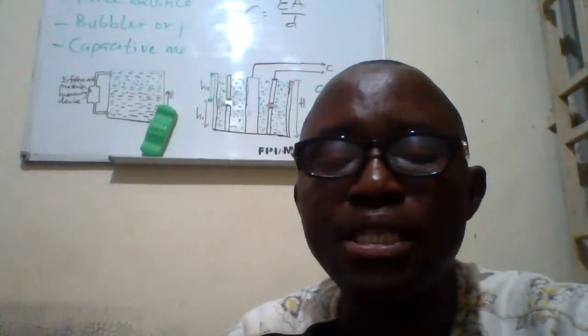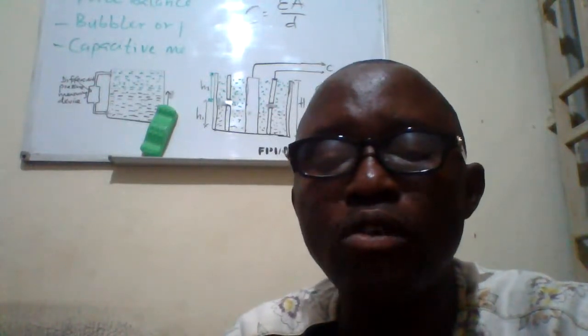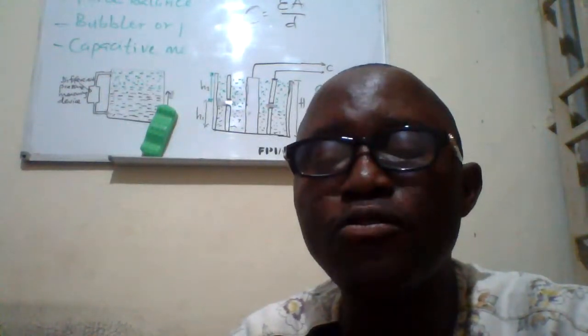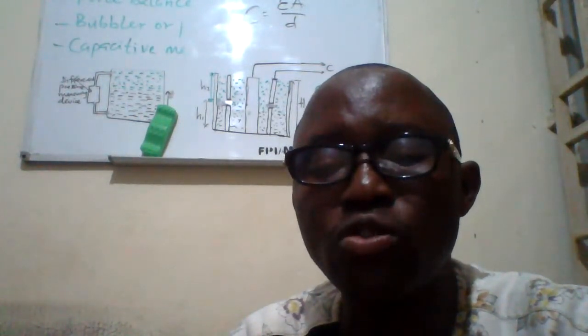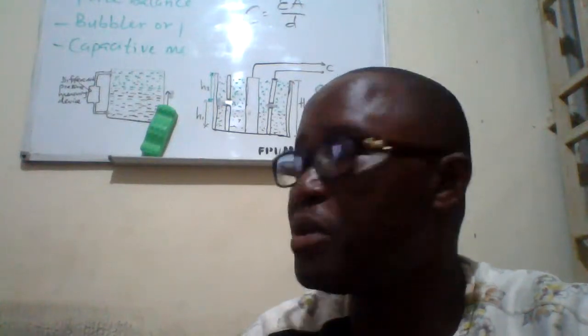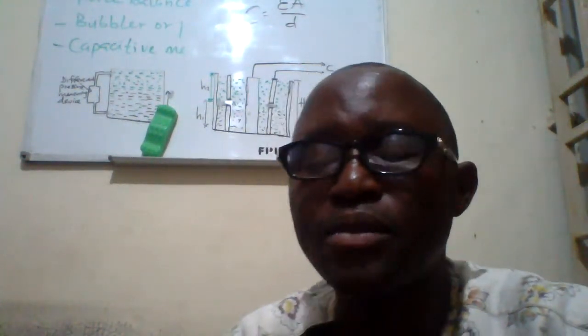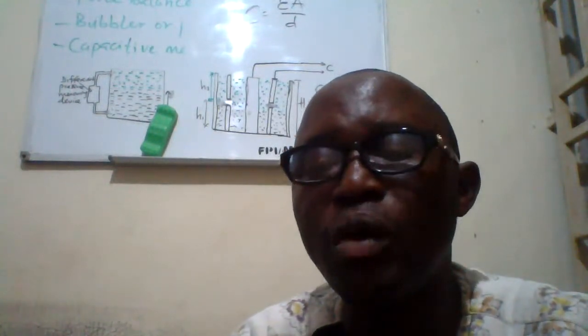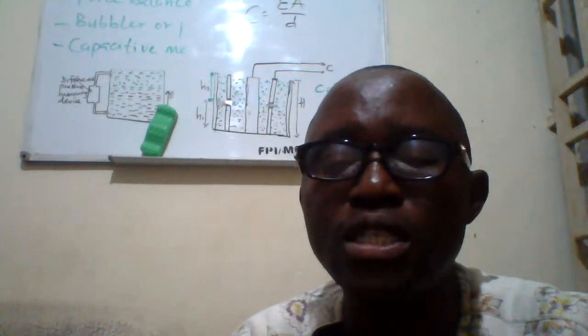Now, bear in mind that we are going to have two permittivities, the permittivity of the liquid and permittivity of vapor. And apart from this, we also have the permittivity of free space in the formula, 2 pi E naught. And the capacitance thus formed will enable one to determine the height of the liquid in the tank.